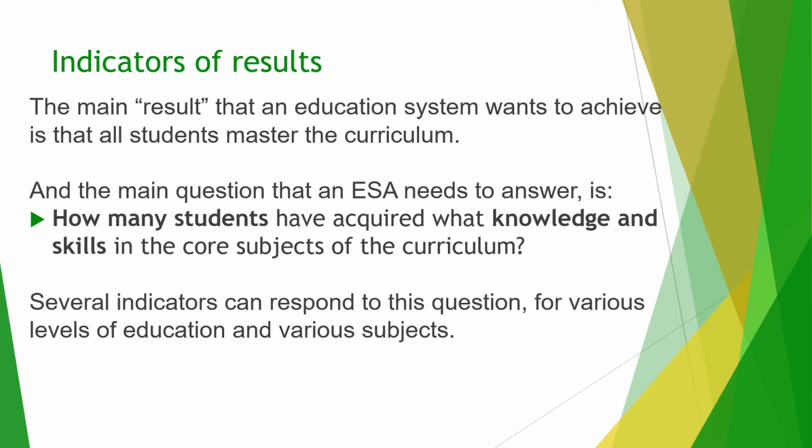And several indicators can respond to this question for various levels of education and for various subjects. We can imagine that we will have a specific indicator if we consider basic literacy at grade 3 to be important.